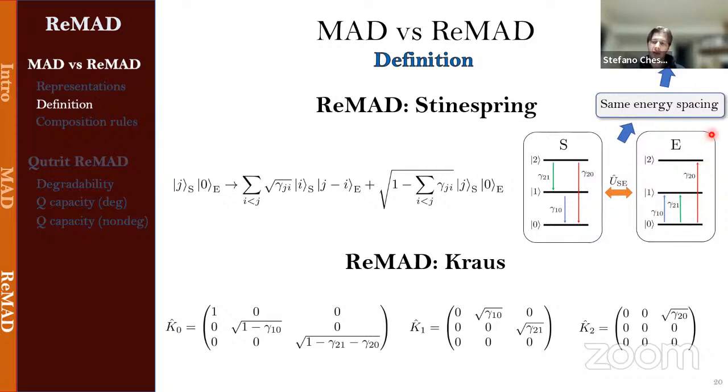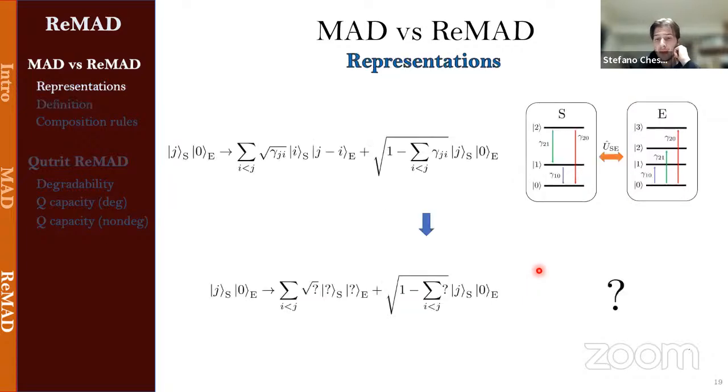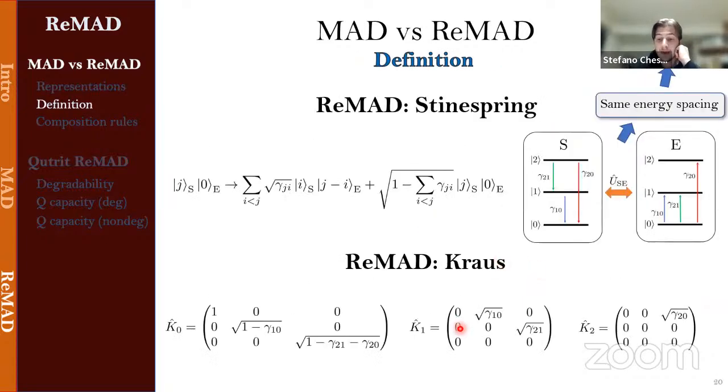So now the environment is not able anymore to discriminate which one of these two decaying processes happened in Alice's system. Okay, and translating this into the Kraus picture, we still have a diagonal operator and rank-1 operators, but now you can see that two of the rank-1 operators of the multi-level amplitude damping channel have been merged into a single Kraus operator, which is now rank 2.